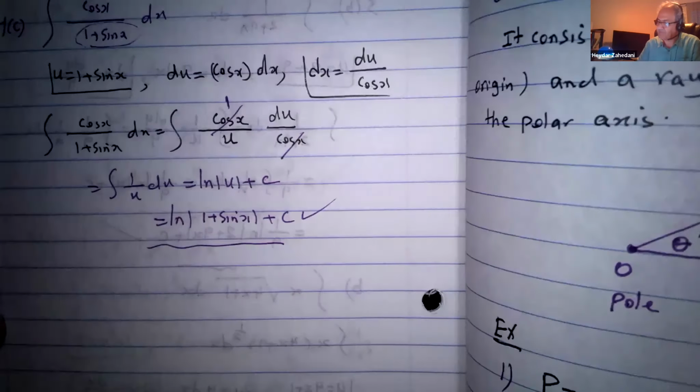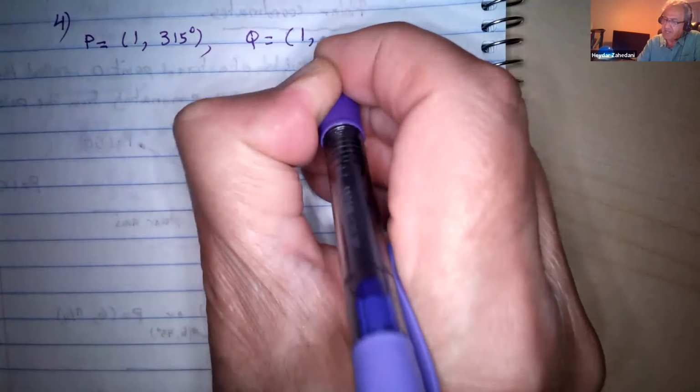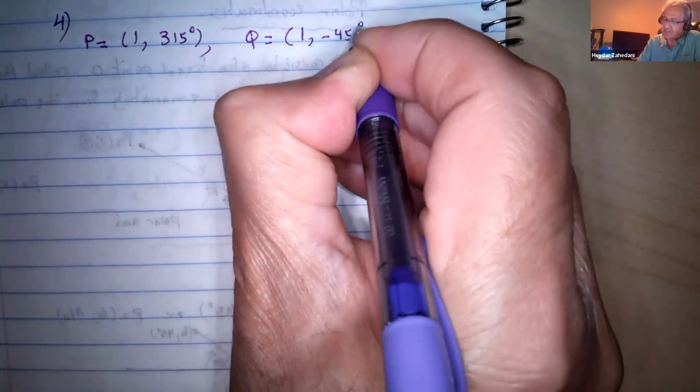Just to give you a couple more examples to see how we're going to identify these numbers, let's have number 4. For number 4, you may have 2 points because you go around the circle. Suppose the point P is (1, 315 degrees), and the other point Q is (1, negative 45 degrees). Let's see how we're going to identify these.